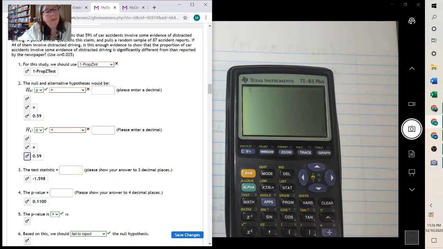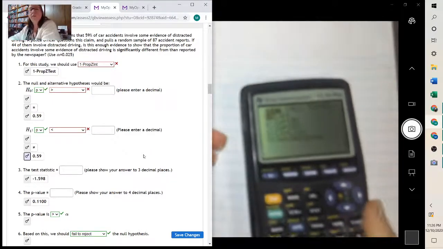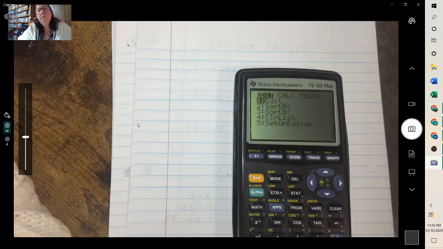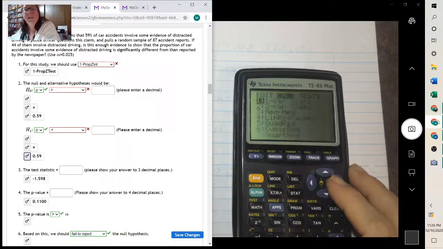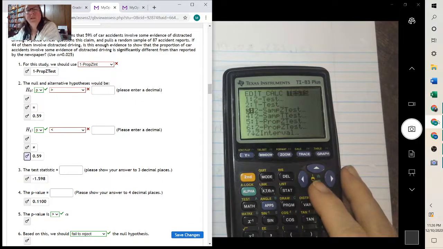Now to find the rest of the values, we can use the calculator. We do stat, and then you go over to test and down to the Z proportion test.